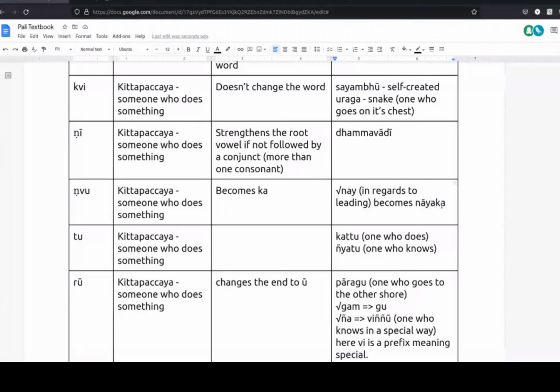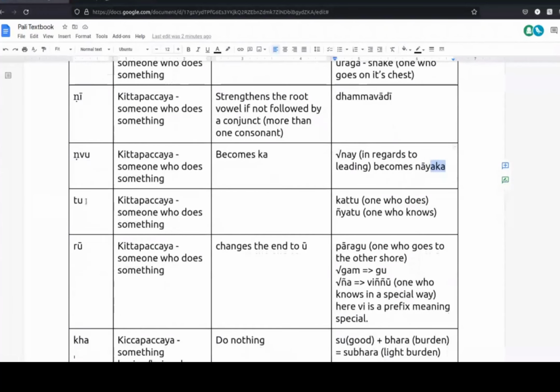You can't put ni plus ka. It has to be nayaka. But this is how you'll see it. You'll see it with an aka on the end. I'm not sure if there are any other vowels. There's ika, but ika is a different suffix that we'll see later on. I think. Yeah, we'll see that later on. Anyway, one who does what? Who leads. Nayaka, one who leads.